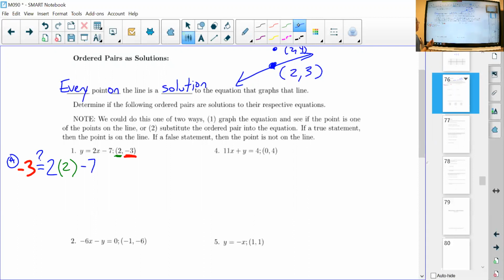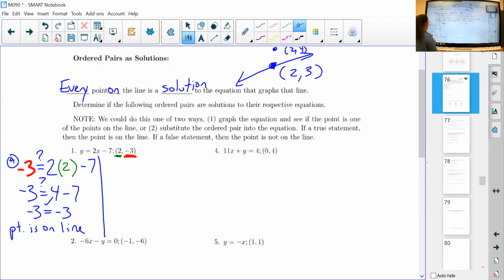I want to know, is that true? -3 equals 4 minus 7, question mark. Yeah, it does. So the point is on the line.